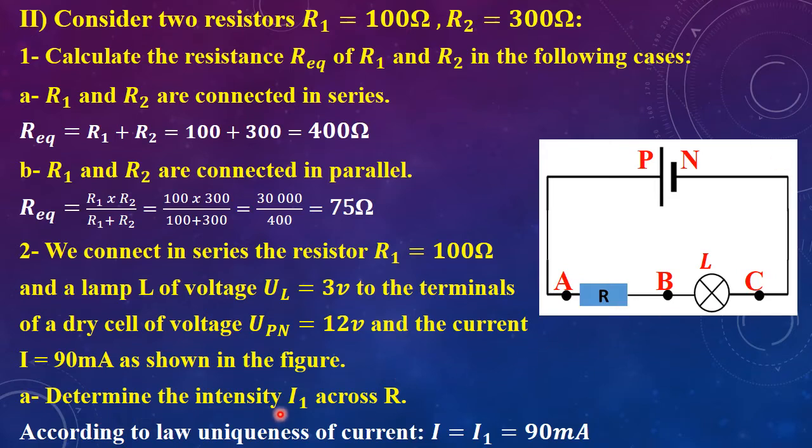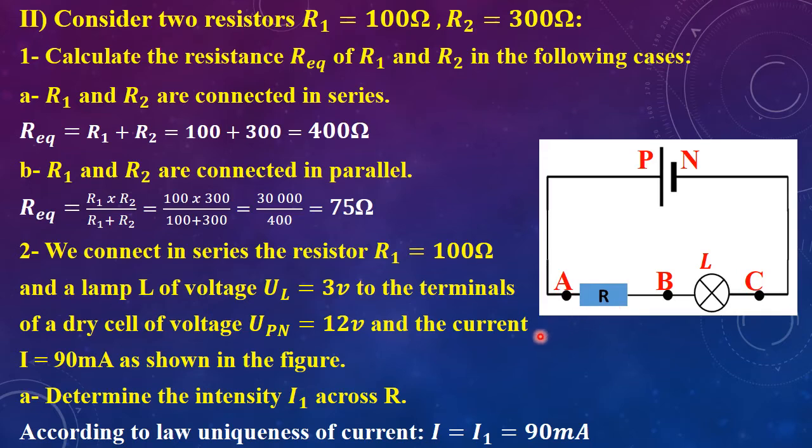Determine the intensity I1 across R. Here we will find the current across R. If we notice the current flowing from the generator or the battery, it reaches the point A and enters the resistor R, the same as I1.